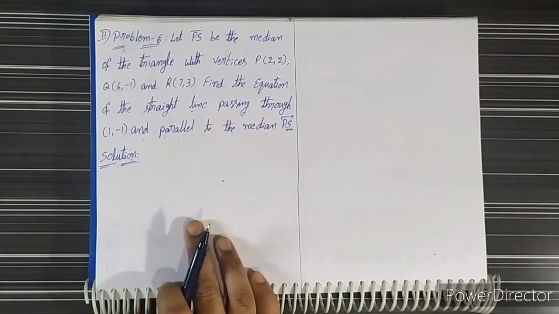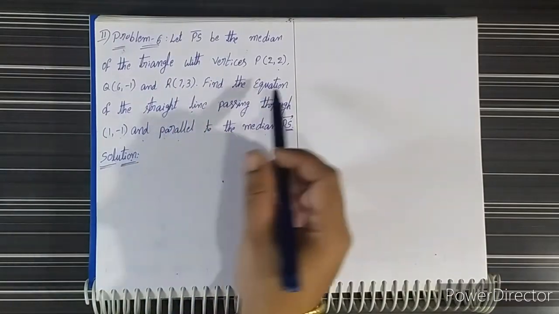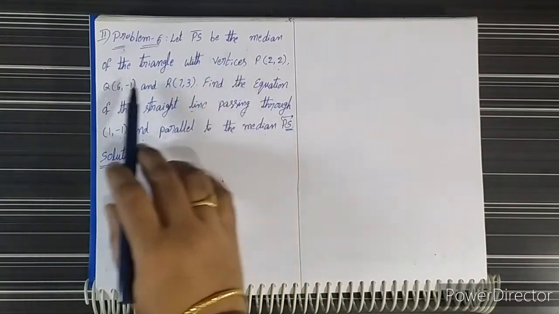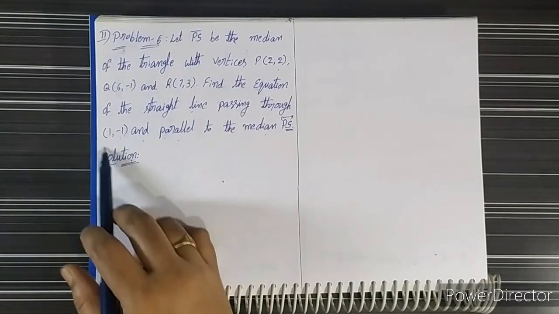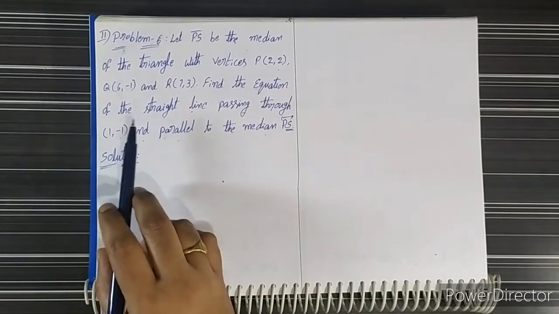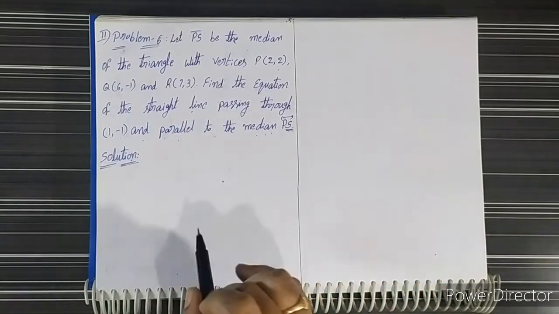In this problem, we have to find the equation of the straight line passing through the point (1, -1), and the required straight line is parallel to the median PS.